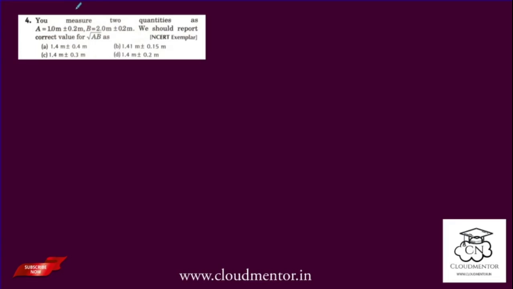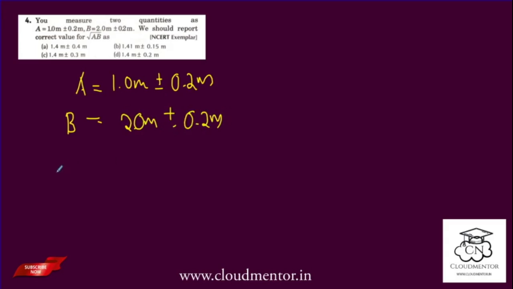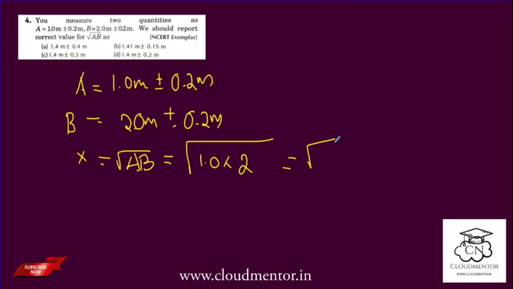Here we can say that the quantity x equal to root AB, which is equal to root of, I am taking the absolute values, not the errors, 1.0 multiplied by 2.0, that is root 2, which is 1.414.